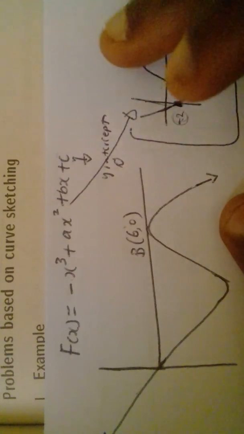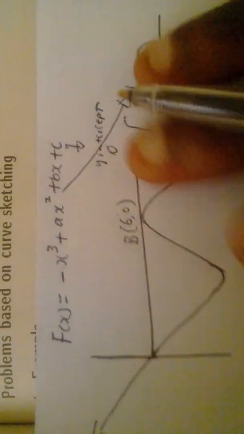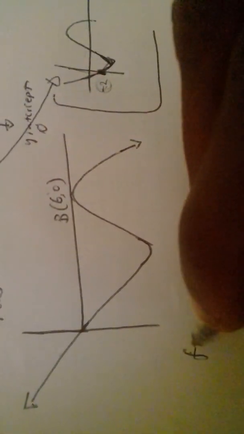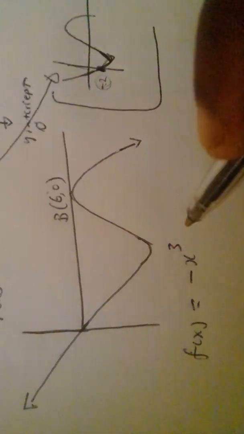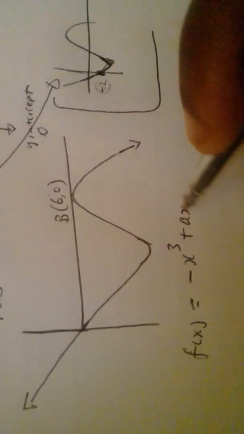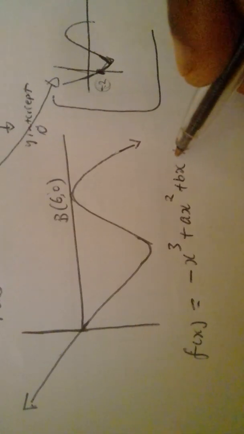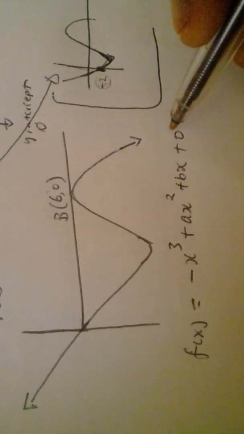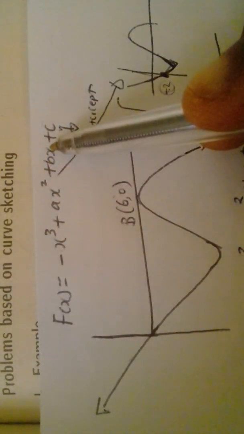So we can even update our equation. We can say f of x is minus x cubed plus ax squared plus bx plus 0, because we realize that c is 0, guys. It is negative x cubed plus ax squared plus bx.